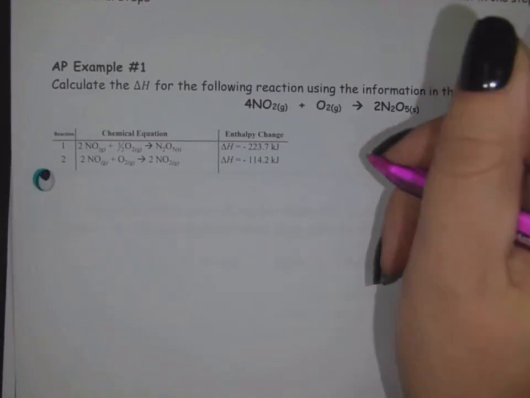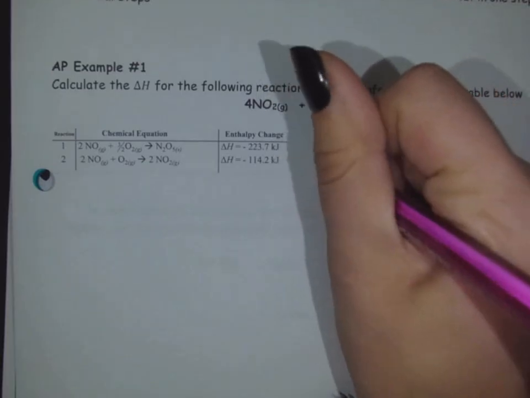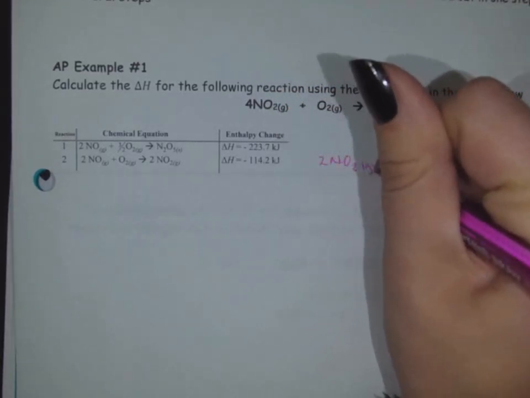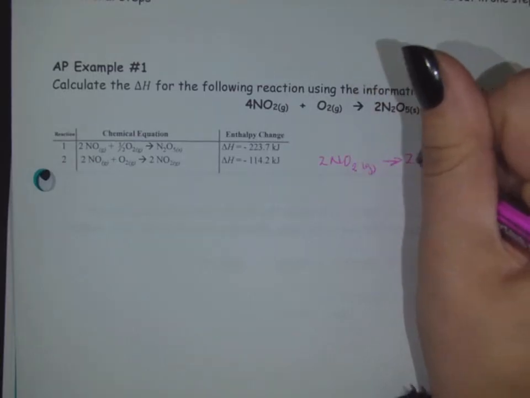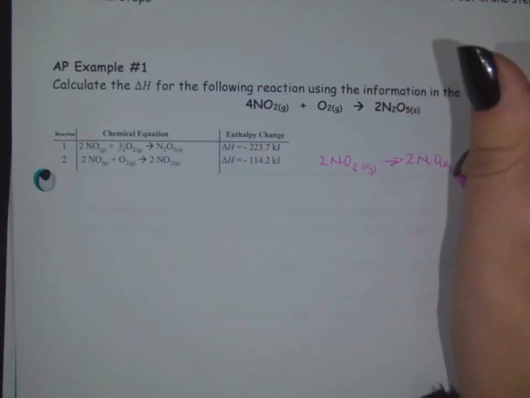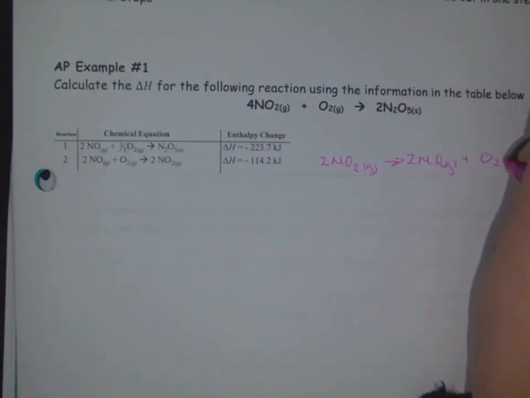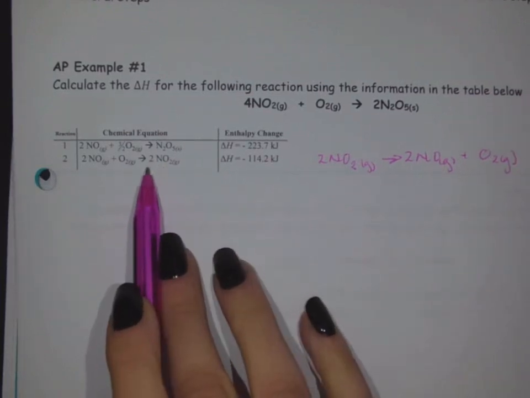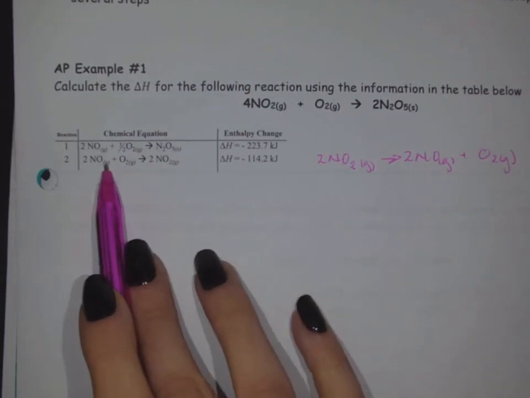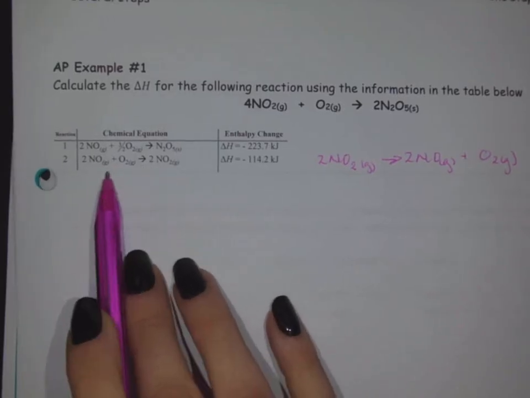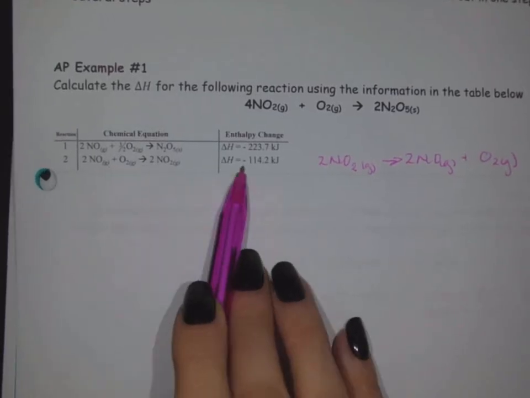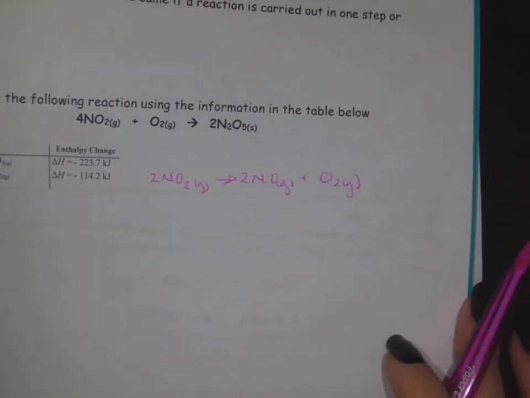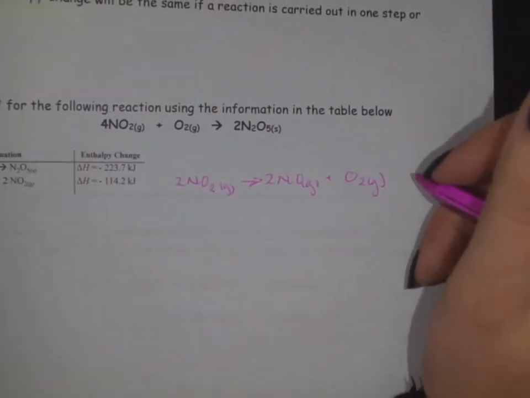What if I take the reverse of that reaction, where 2 NO2 gas turns into 2 nitrogen monoxide gas and 1 O2 gas? It's the reverse of this second reaction, and if the forward reaction was exothermic, the reverse reaction will be endothermic, and the magnitude will be the same.